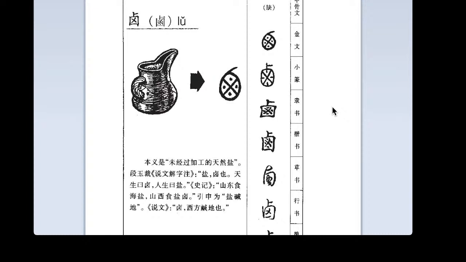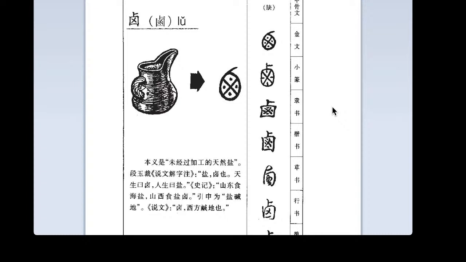The other way is getting it from inland. Sometimes they got it from wells, and sometimes from lakes. Sometimes they have salt lakes. Sometimes they actually got it from stones, like a salt deposit. Believe it or not, concentrated salt deposits are actually high quality salt.